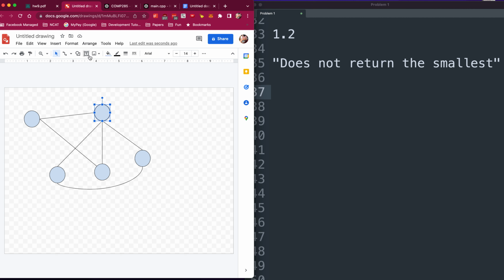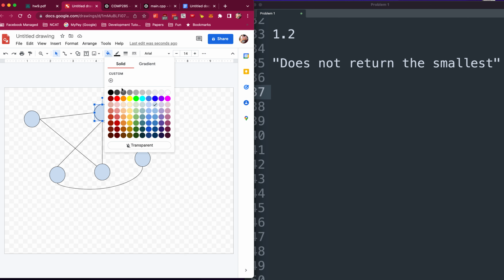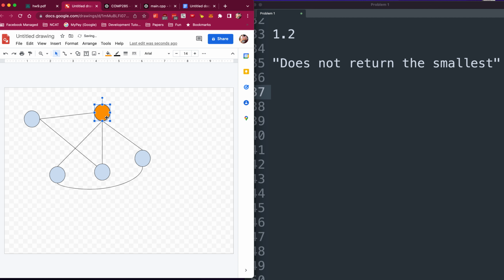Now, obviously, you guys should be able to see that this node, let's connect these two.